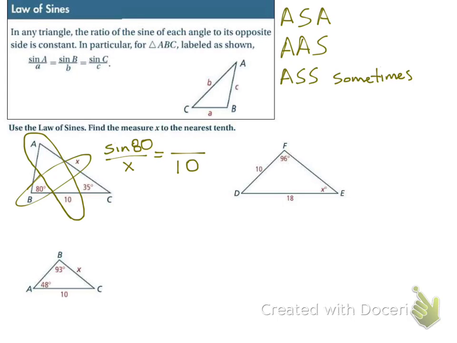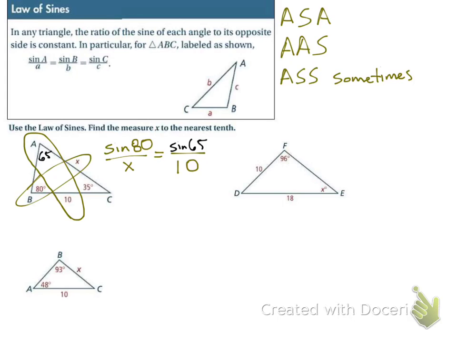Well, 80 from 180 is 100. 35 from 100 is 65. So that's sine of 65. Right there is the new part of law of sines. That's the difficult part, if you want to call it. It's just getting the setup. Set it up, get your rule in place.